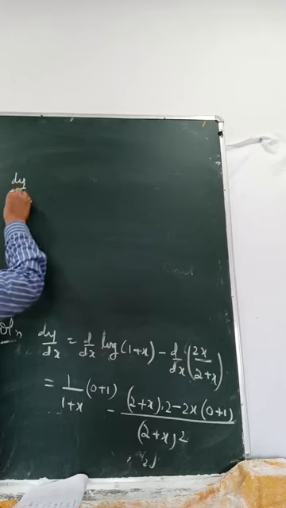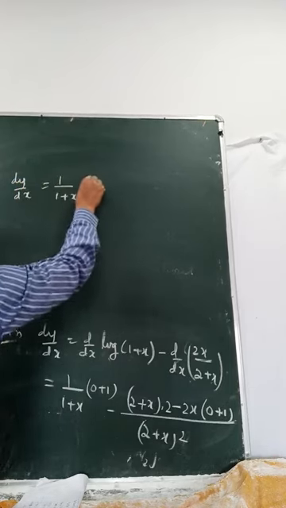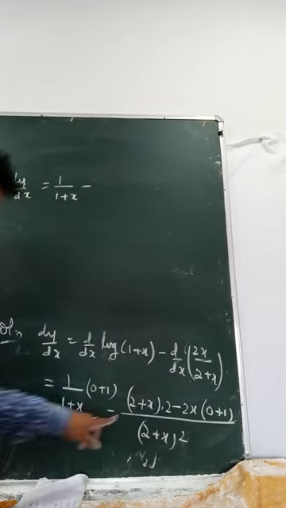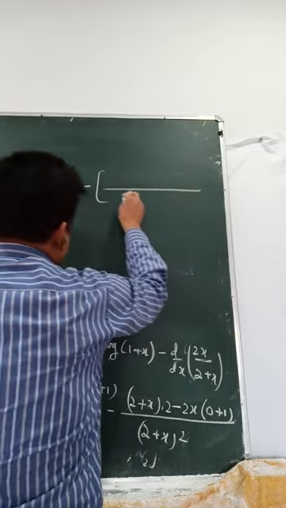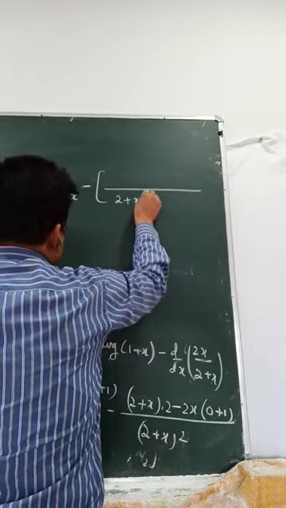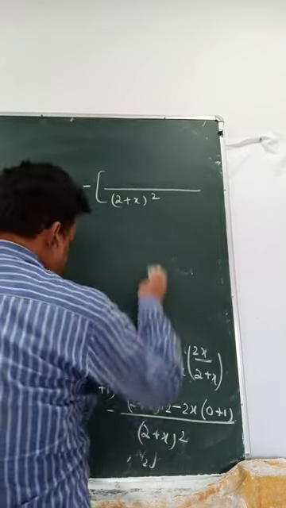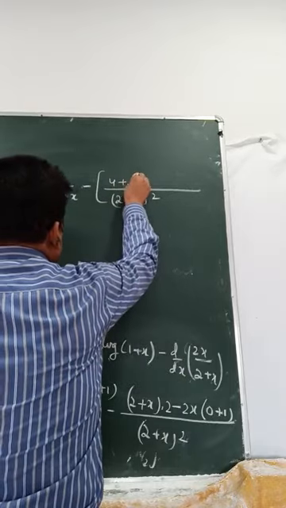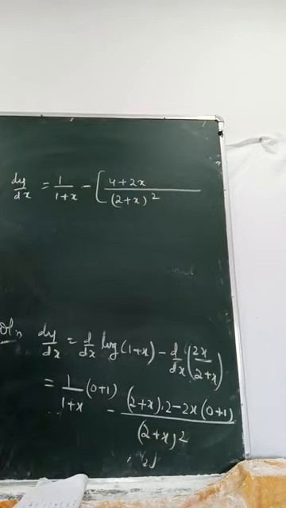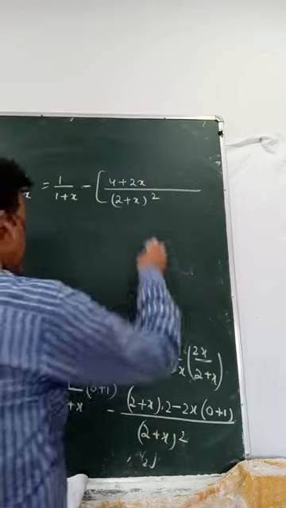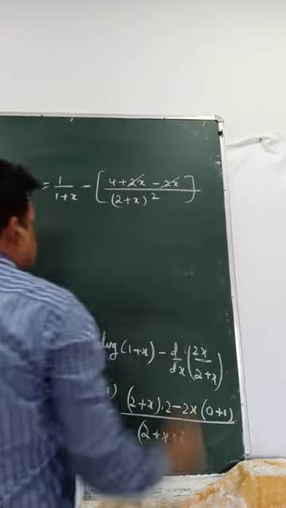dy by dx equals 1 by (1 plus x) minus [4 plus 2x minus 2x] by (2 plus x) whole square. Okay, let's simplify this. The 2x is cancelled.